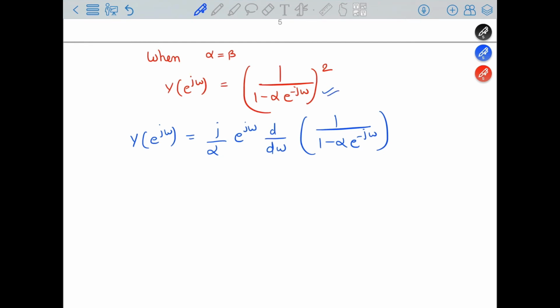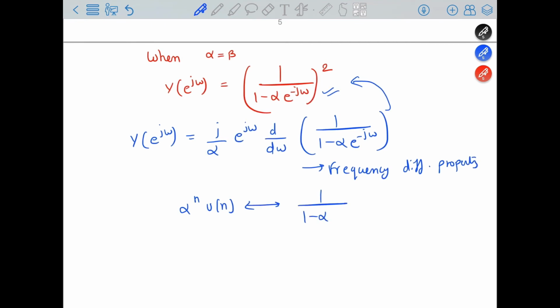When we take the derivative of this expression and multiply by these constants, we get this expression back. So now we'll use the frequency differentiation property. Suppose we have the Fourier transform of alpha^n u[n] as 1 over 1 minus alpha e^{-jω}.